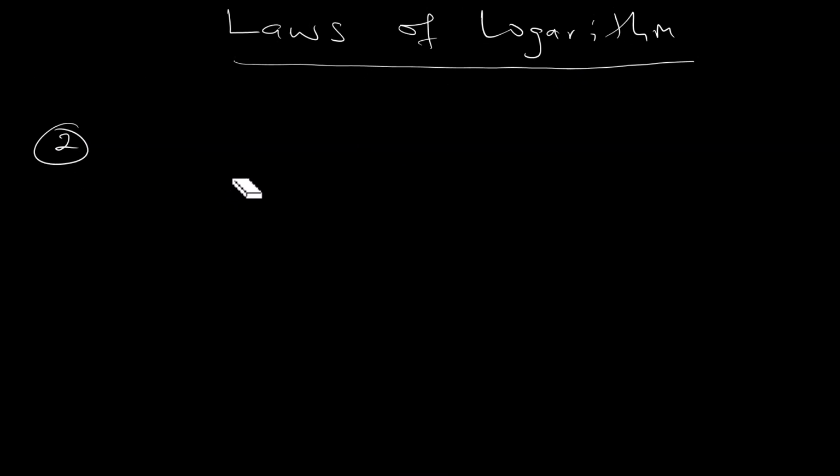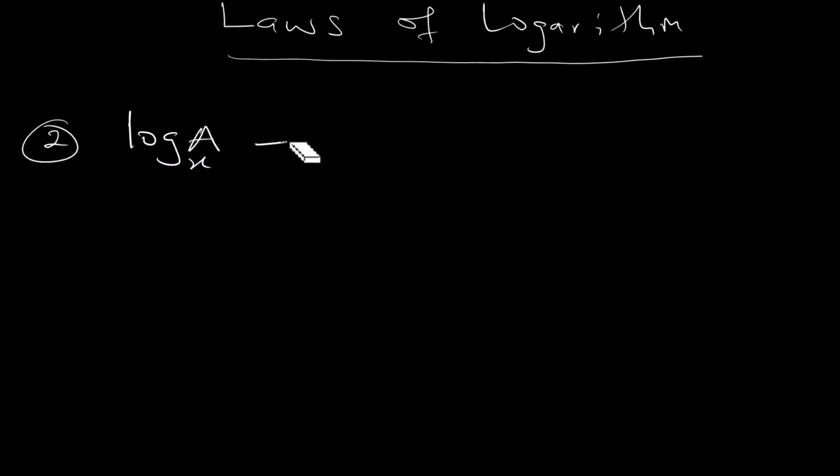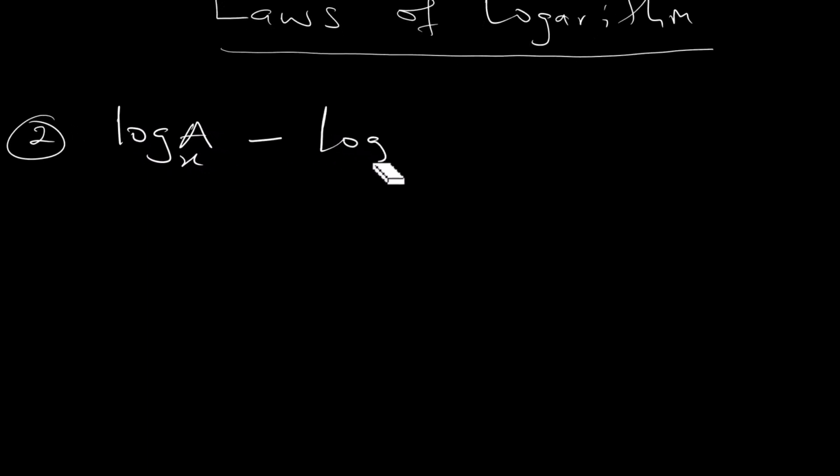The second law is called the quotient rule. Let me repeat: log a to base x, this time minus, log b to base x. The first law was addition; this time it is subtraction.